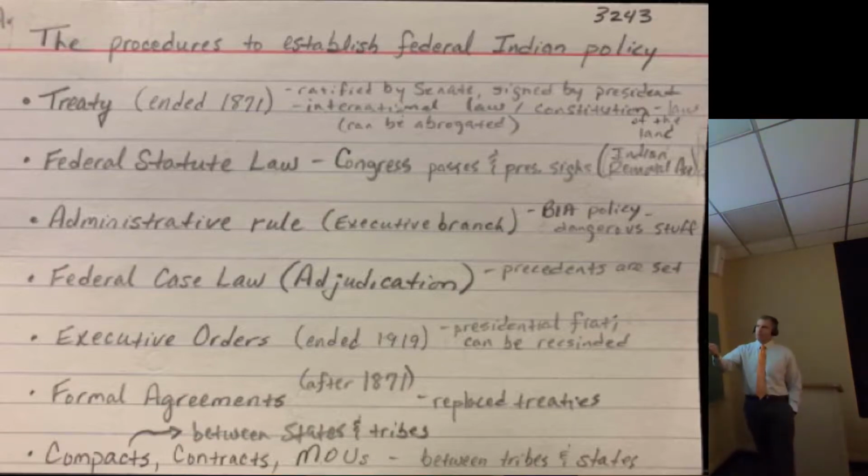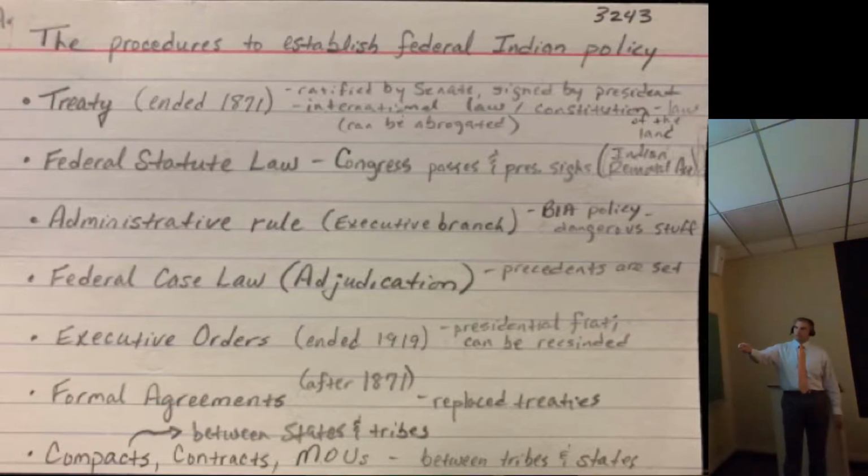And then after 1871, after the treaty process ended, we have something new that's referred to as formal agreements. And these are basically still treaties. They're just not called treaties, but they are kind of negotiated agreements and not really contracts, but established law that are made between Congress and the Indian tribe.